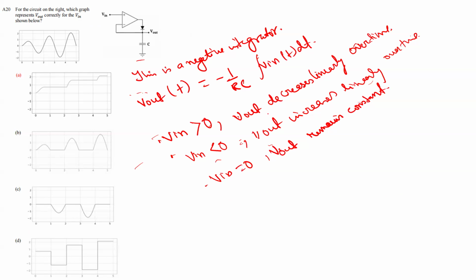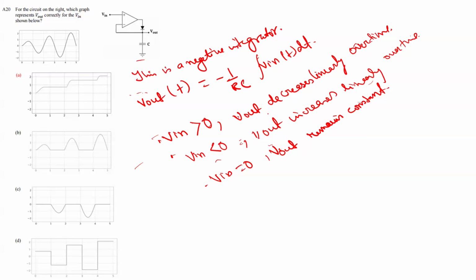From t equal to 0 to 1, it is positive. From 1 to 2, it is negative. From 2 to 3, it is 0. From 3 to 4, it is positive. From 4 to 5, it is negative.